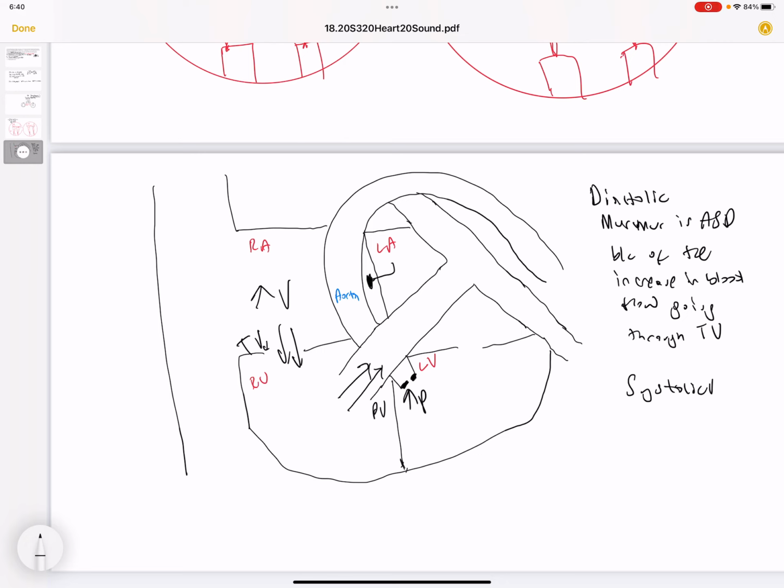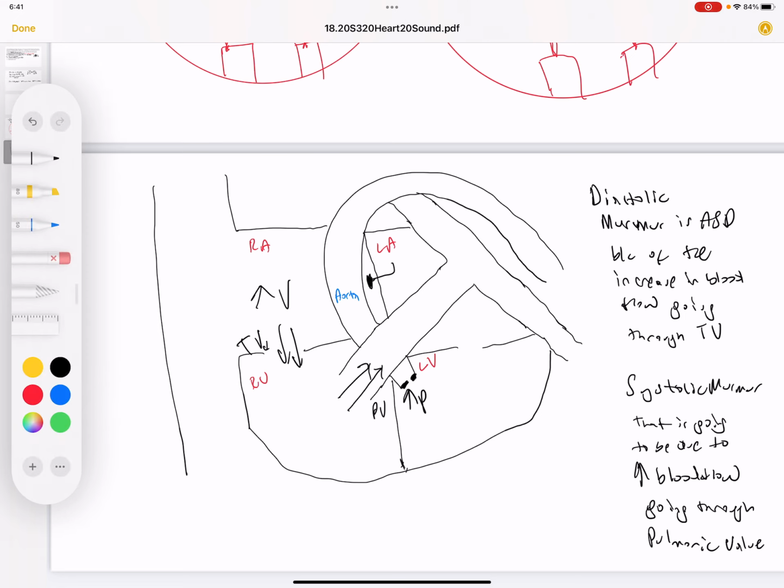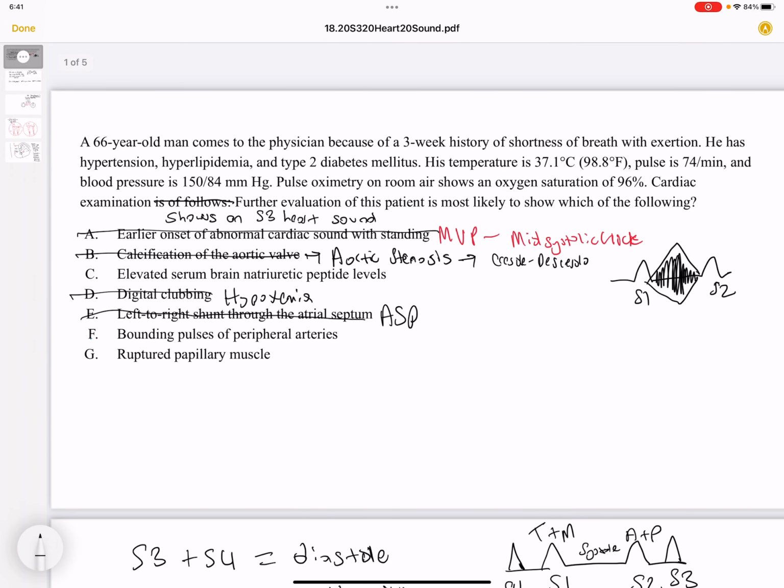So there's also going to be a systolic murmur that is going to be due to increase in blood flow going through the pulmonic valve during systole. So we can also cross that answer choice out.